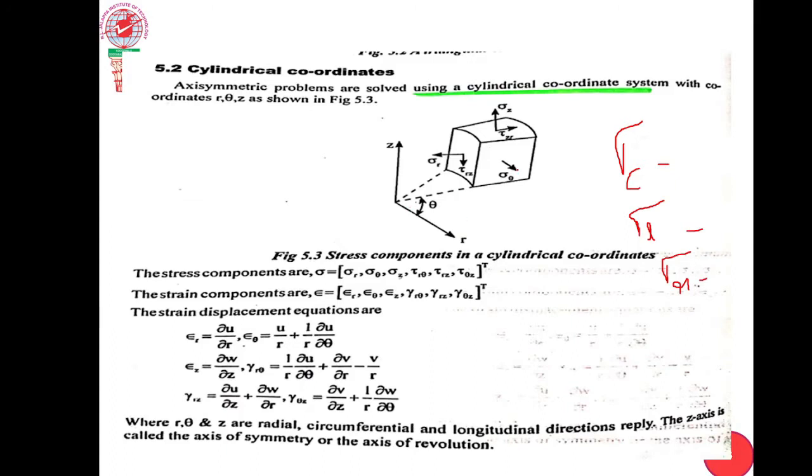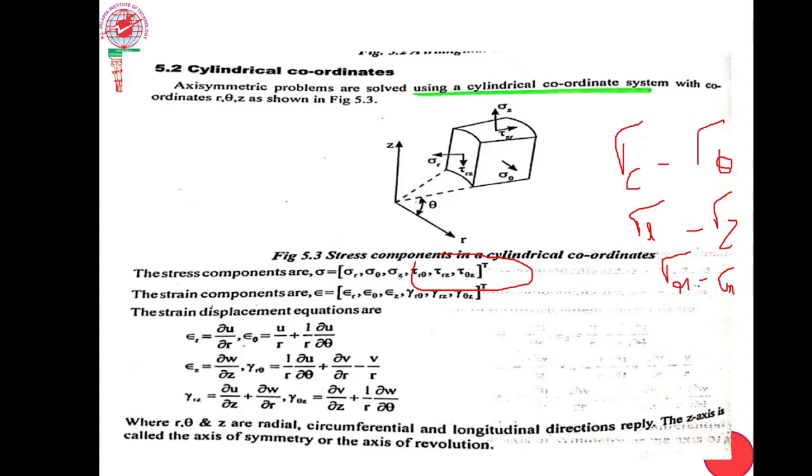So with respect to that, sigma c is nothing but sigma theta, sigma l is nothing but sigma z, and sigma r is the radial stress here also. That is what we consider here. There will also be shear stresses: three normal stresses and three shear stresses, that is tau r theta, tau r z, and tau theta z.